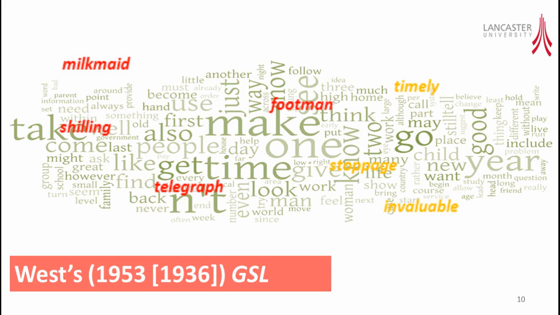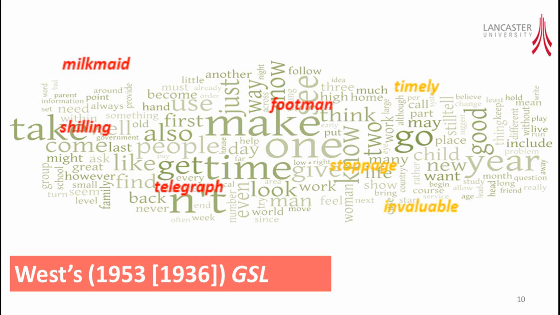Well, if you remember, the sources of this General Service List go back to the 1930s, and this reflects the selection of the vocabulary. So milkmaid, shilling, footman, telegraph reflect that type of reality and the society that the vocabulary list was based on.